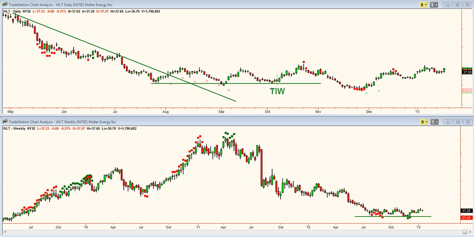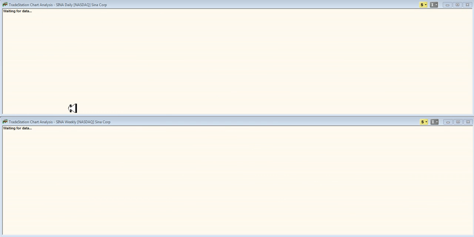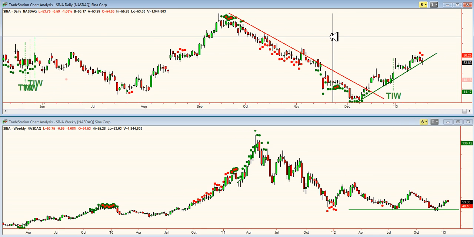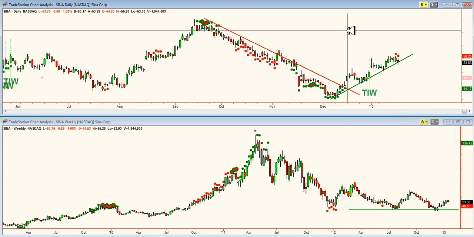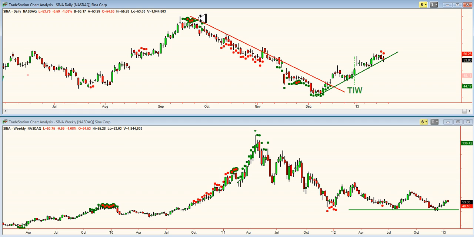Let's take a look at SINA. SINA, again, let's stick with our pattern of understanding how these work. Downtrend, shorter term dots worked off. Then you had green dots, green and red dots. Green dots stayed on. Longer term trend was exhaustive, needed to rest.